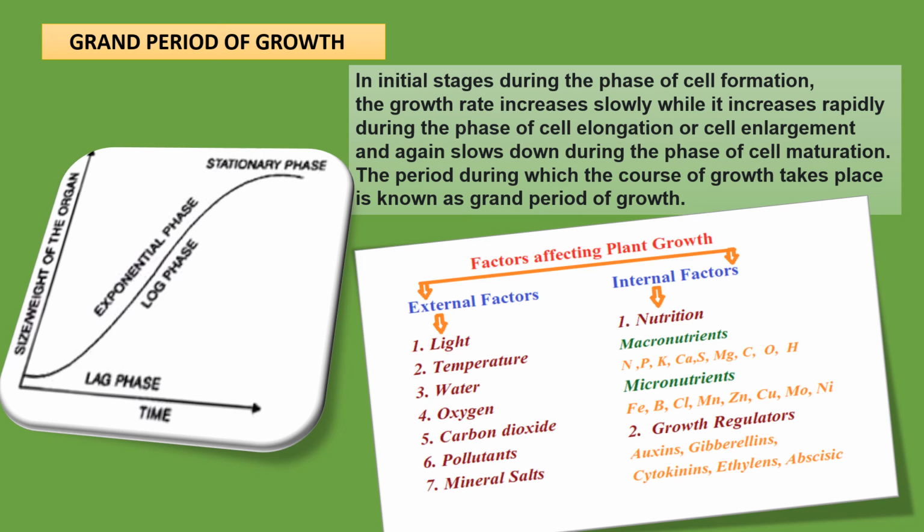And internal factors are nutrition, that is macronutrients, which include nitrogen, phosphorus, potassium, calcium, sulfur, magnesium, carbon, oxygen or hydrogen. And micronutrients, which include iron, boron, chlorine, manganese, zinc, copper, molybdenum and nickel. And the second internal factor is growth regulators, that is the hormones. You can say auxins, gibberellins, cytokinins, ethylene and abscisic acid.